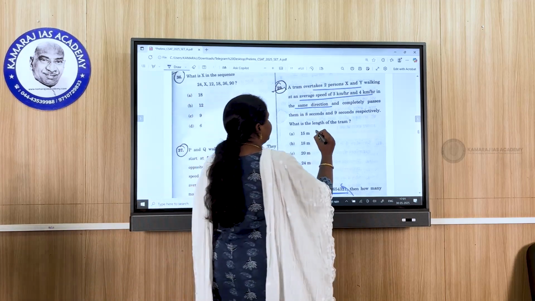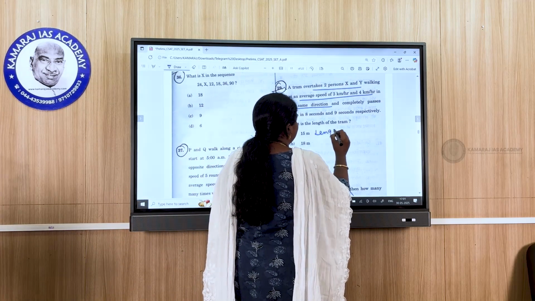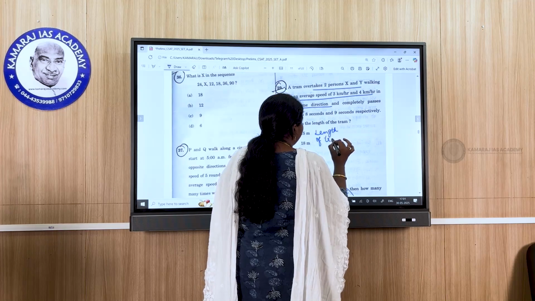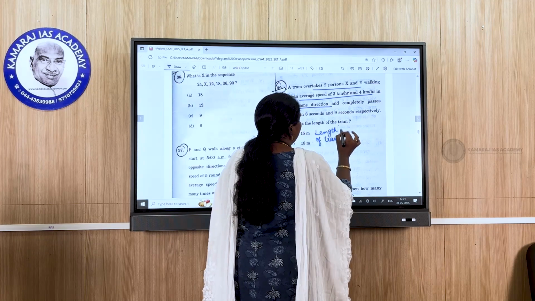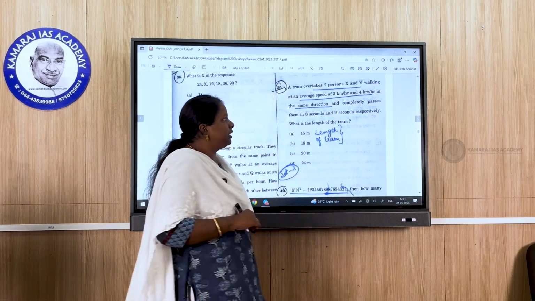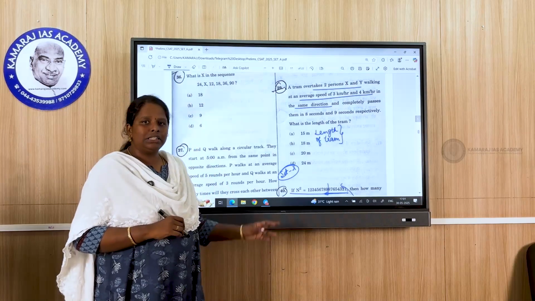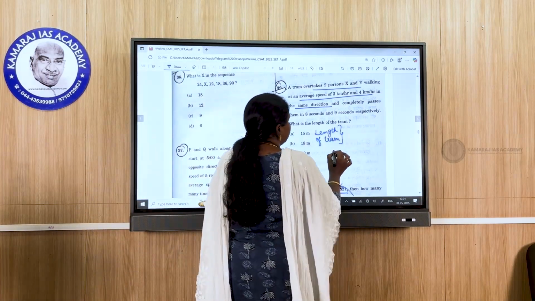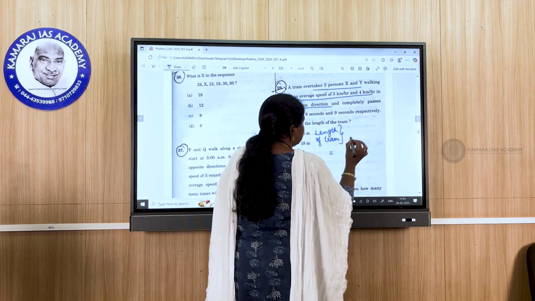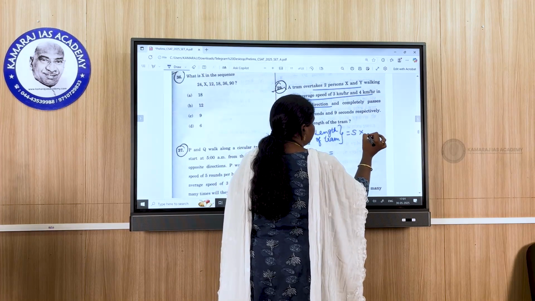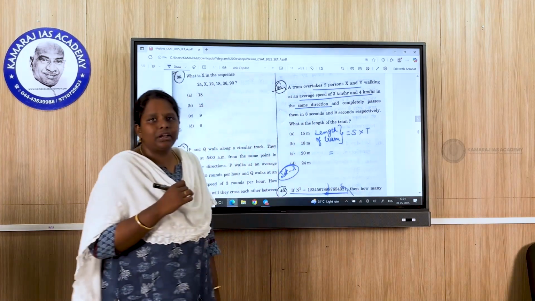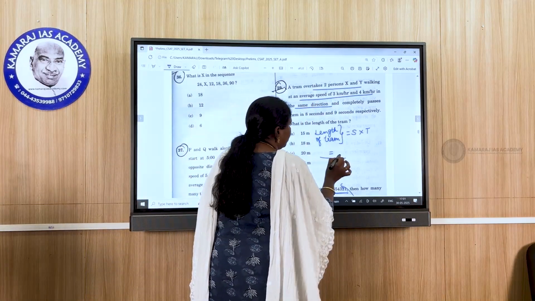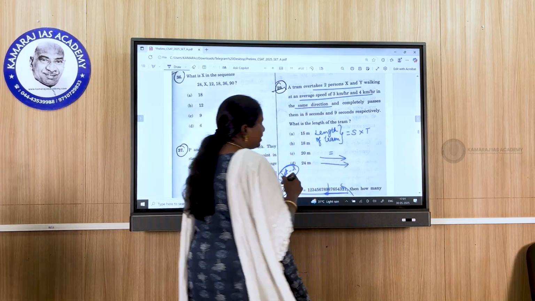You have to find the length of the tram. So the length of the tram is nothing but the distance traveled, which is speed into time, right?